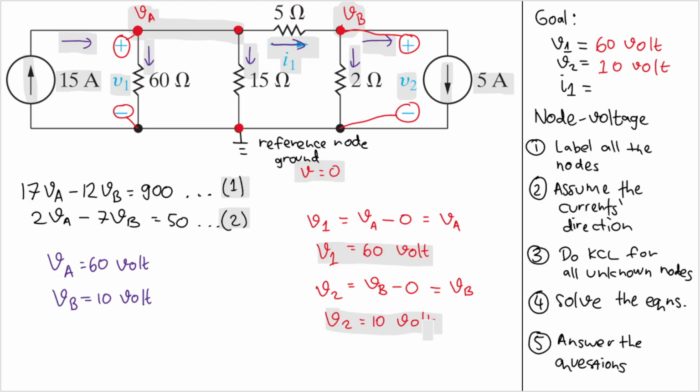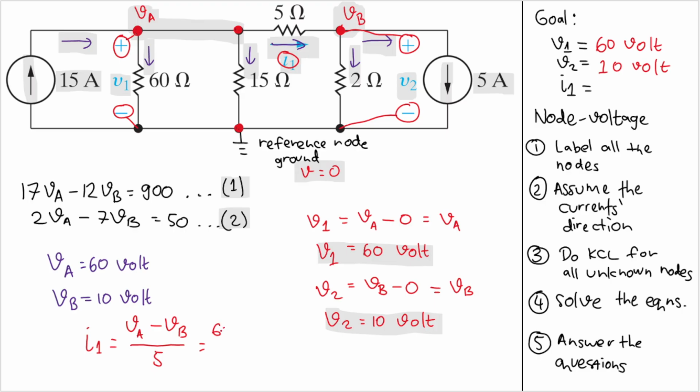Okay. Now we need to find out what is I1. Okay, let's see here. I1 is the current that comes from VA. So we will have VA. And then the current goes to VB. So I'll have VB here. But this is voltage. We need to divide it by the resistance between them. So I will have 5 ohm here. And VA here is 60, right?